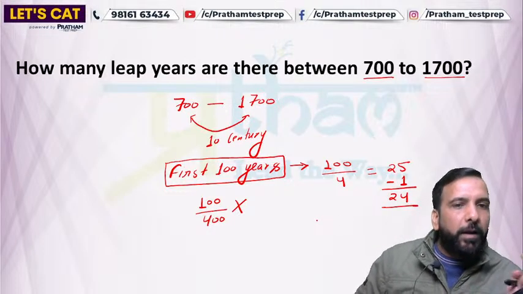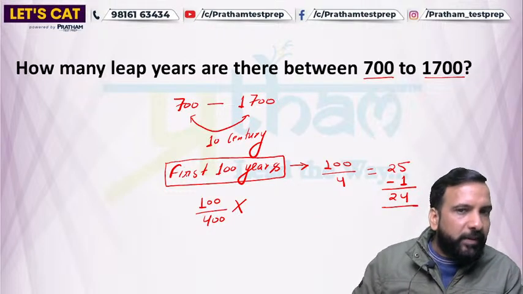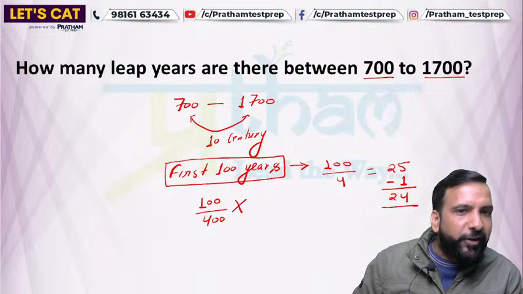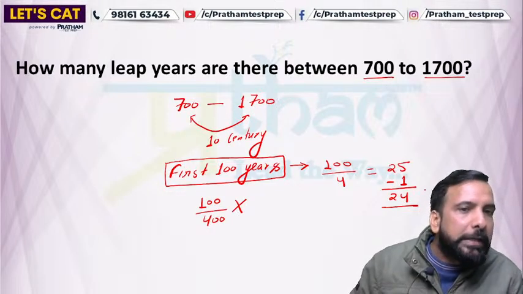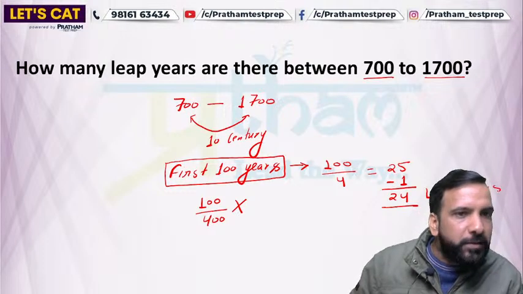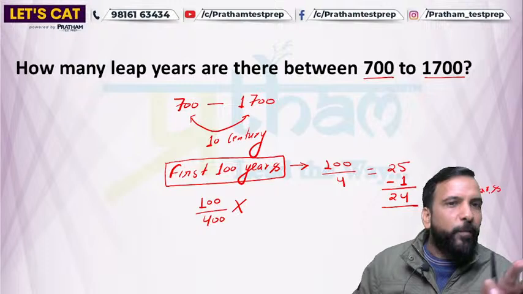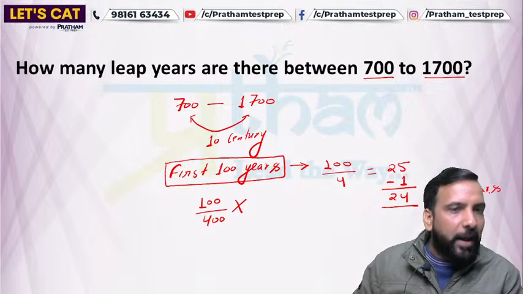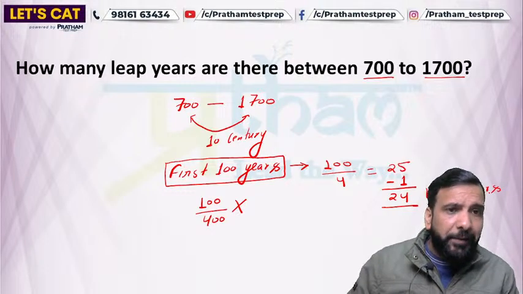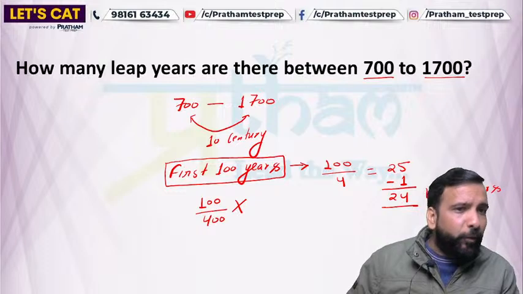In every 100 years, okay, तो पहले बात करते हैं first 100 years की. In first 100 years, there are 24 leap years. How many? 24 leap years. Now this is the concept, right? For solving all the questions related to this, how many leap years are there in a gap of X years, right? So 24 leap years are there.